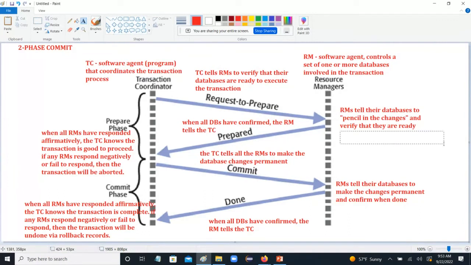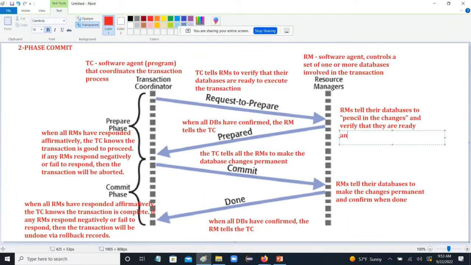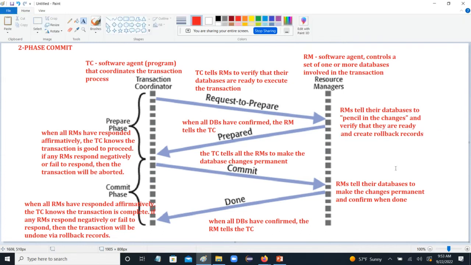I should add here one thing I often forget, and create rollback records. Okay, so that should happen as part of the prepare phase, so that the rollback records get created to record the initial state of the system. Anyway, at the end, I'll add this here.